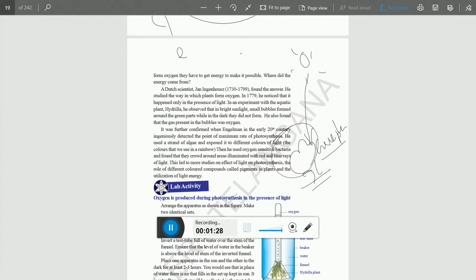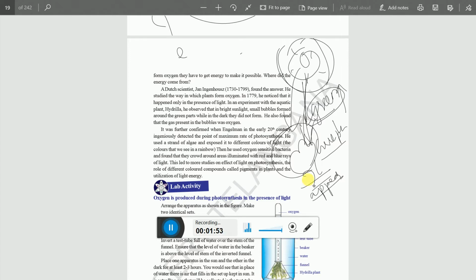It absorbs all the wavelengths of the colors except the green. So green color will be reflected. We will think that green color will be absorbed by the green plant, so that plants will appear green. So that is not true. What is true is that except green color, all colors will be absorbed.